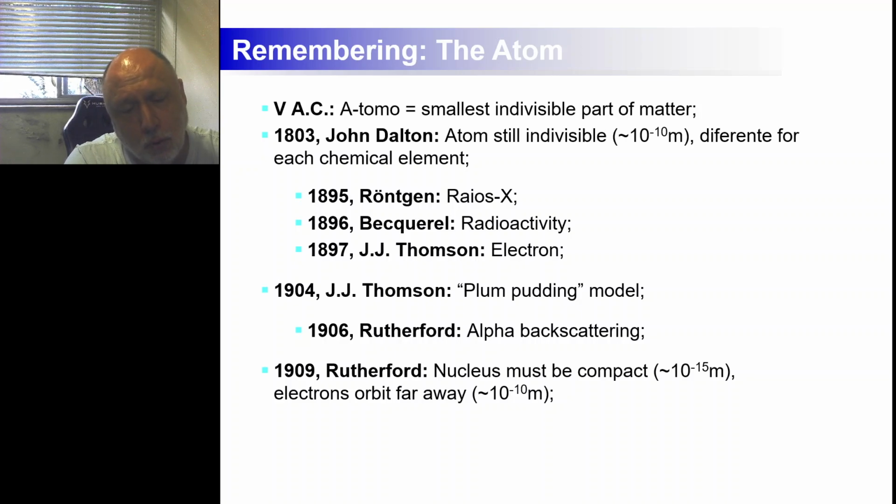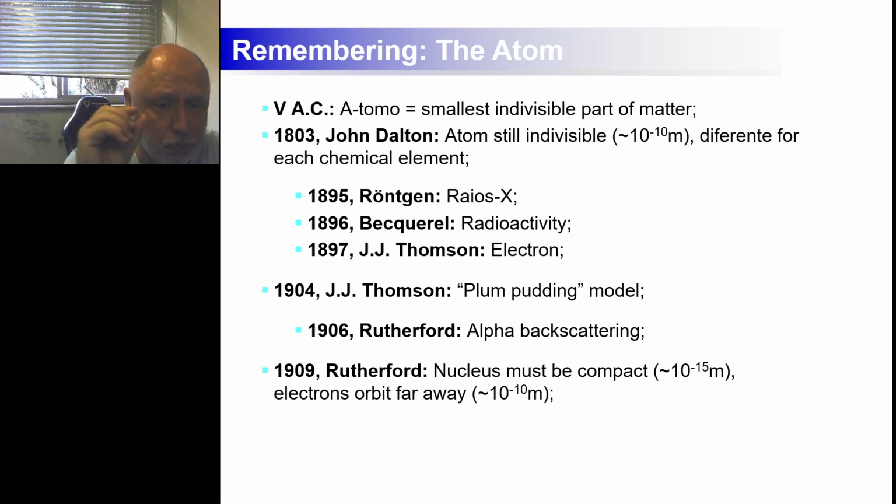10,000 times smaller, or 100,000 times smaller than the atom itself, so that most of the alpha particles will go through the atom with no problem, and just a few of these will collide, and since it is a compact, small thing, there's a big probability it will backscatter, right?